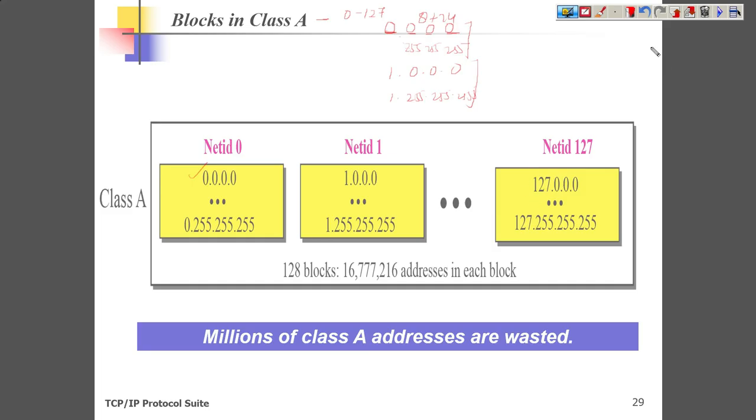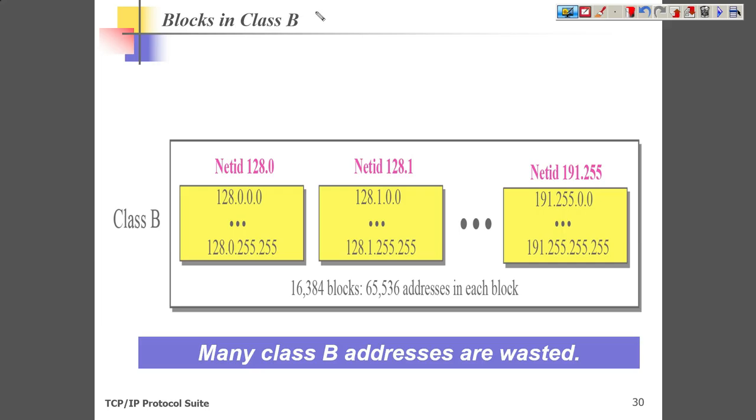Now let's have a look at class B. Class B is 128 to 191. You must know the range of class B and also the allocation. Here we have 16 plus 16. That means these two octets are the network ID and the other two are the host ID.